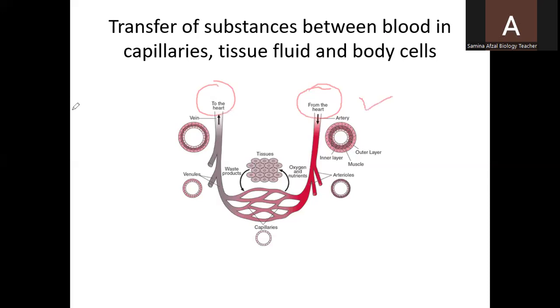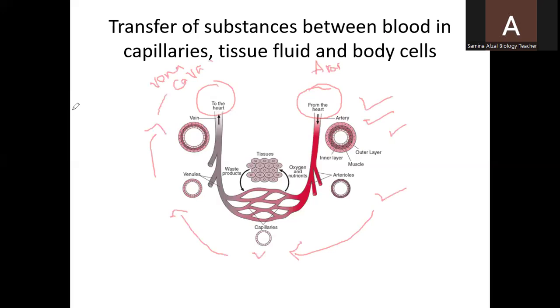So the aorta will divide into many arteries, and arteries will divide into arterioles, and arterioles will further branch into capillaries, and capillaries into venules, and venules into veins, and veins will join up to make the vena cava. So in this way, the blood is transported or collected.